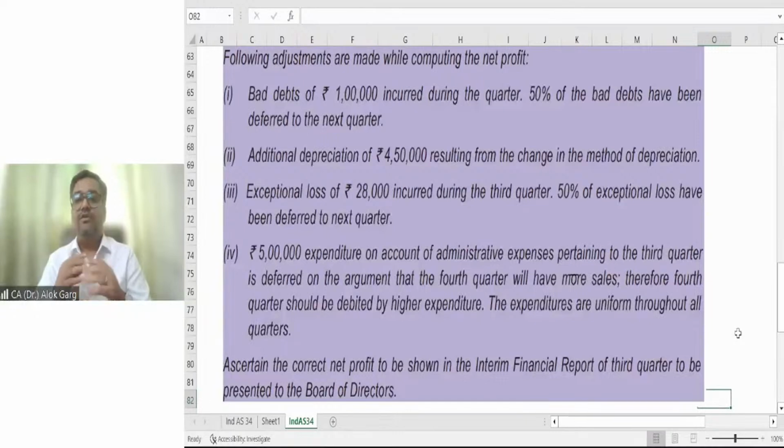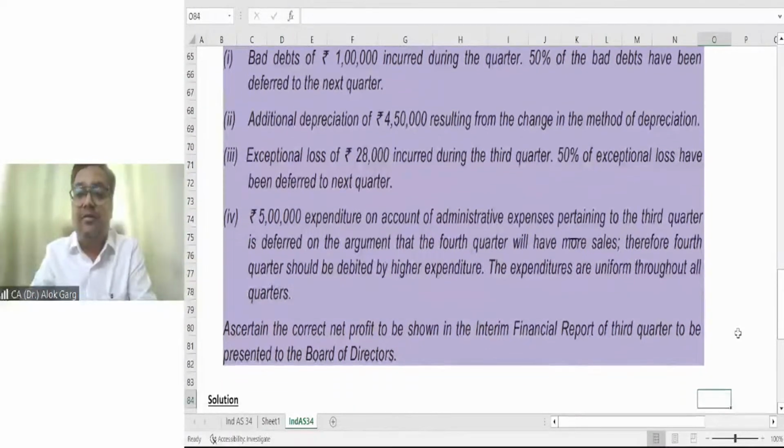Right? So friends, in this case, the revenue and expenses are not required to be deferred or postponed, and they have to be recognized in the same period in which they got incurred. So this contention of deferring 5 lakh rupees is not right.